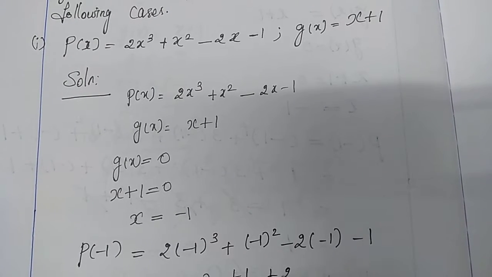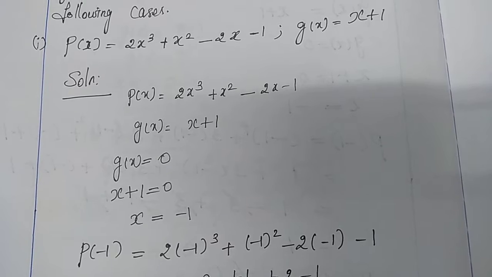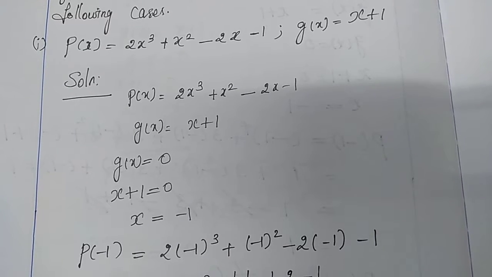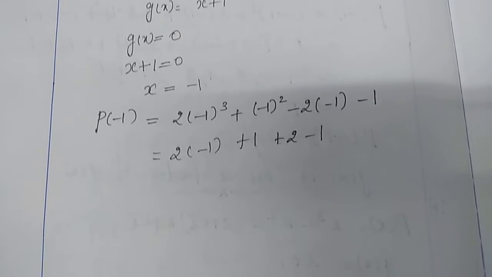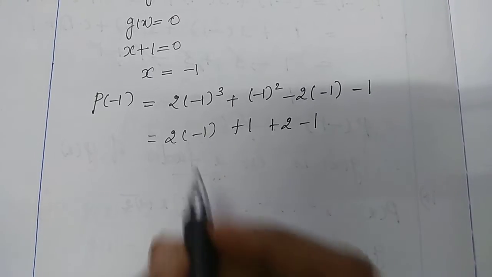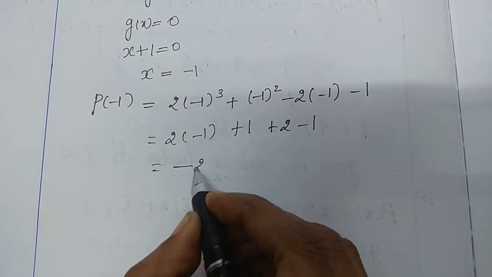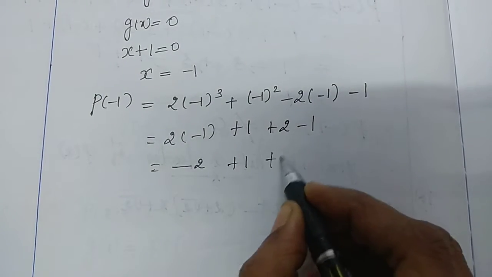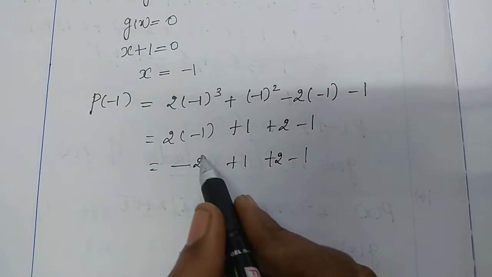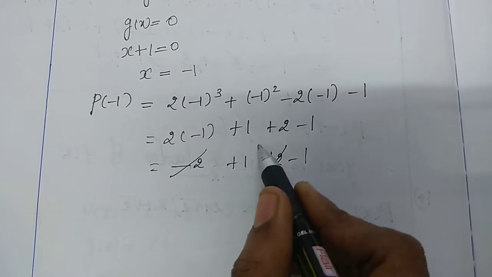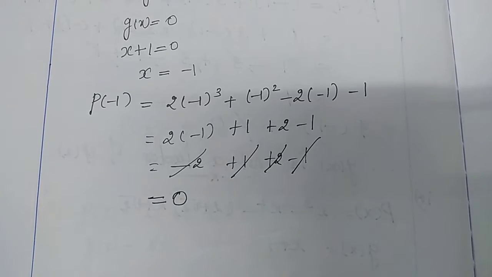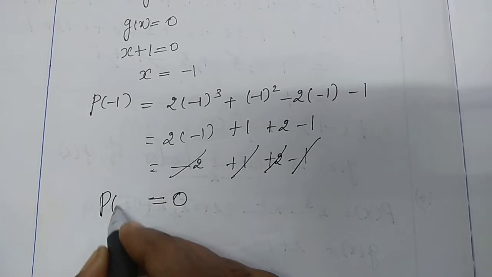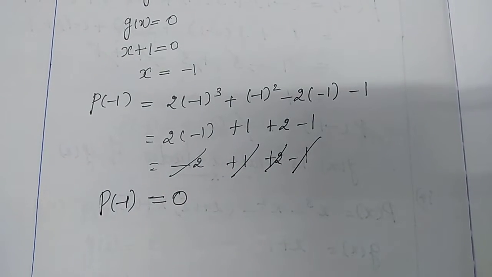It's a plus 2 minus 1. Now multiplying these two, we get minus 2 plus 1 plus 2 minus 1. Minus 2 plus 2 get cancelled, plus 1 minus 1 also cancelling. The result is 0. So p of minus 1 equal to 0.